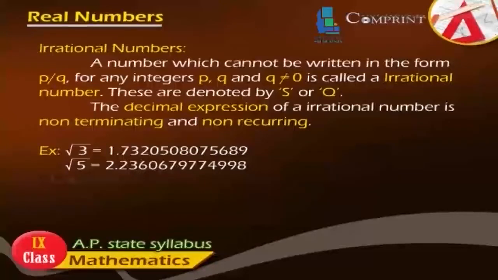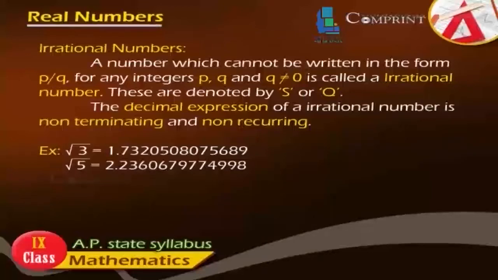Example, root 3 is equal to 1.7320508075689689 and root 5 is equal to 2.23606797749998. Here, we can see that no number after the decimal is recurring.